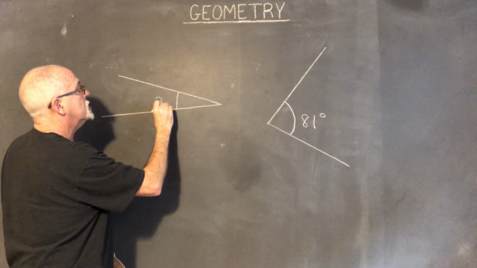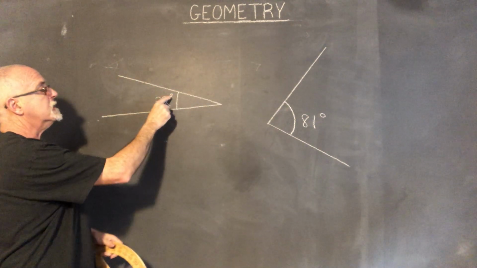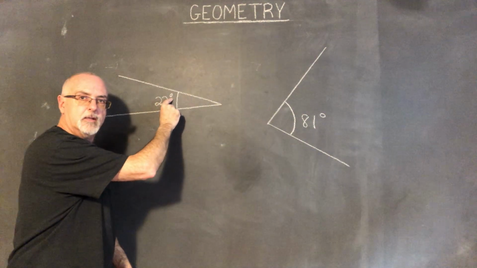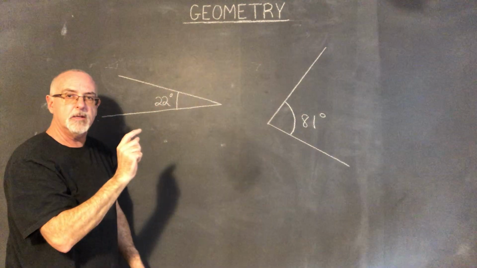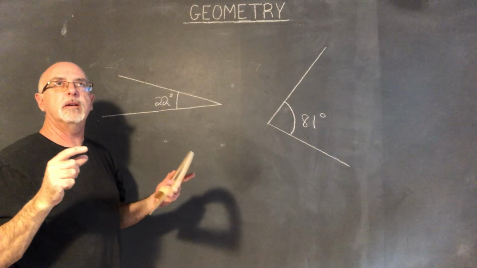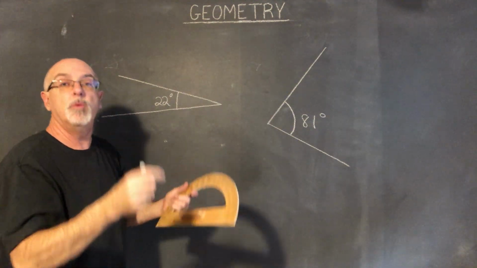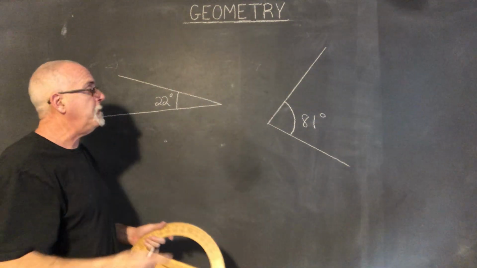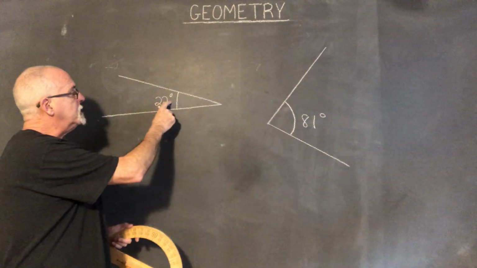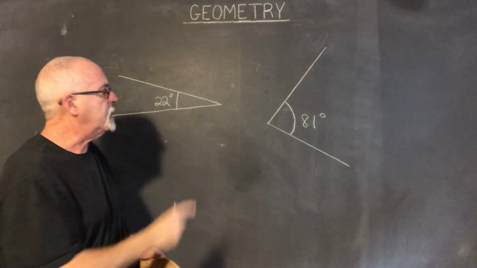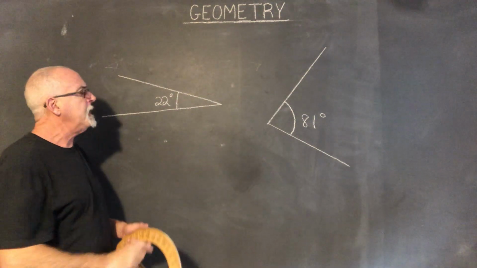So this angle is 22 degrees. And this little circle up high, a superscript, is the symbol we use to show degree measurements, so that people reading their geometry will see that and realize, oh, okay, that's a degree measure. I know because I see the little degree symbol.